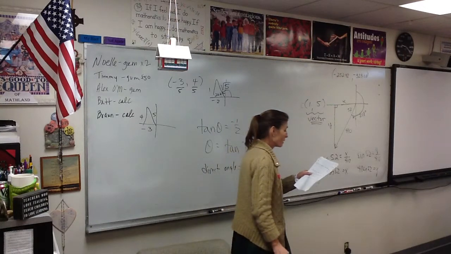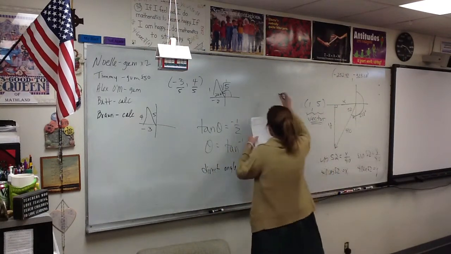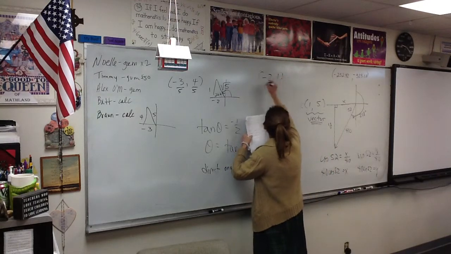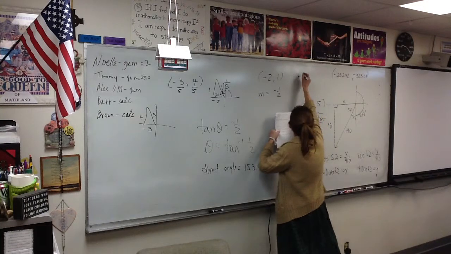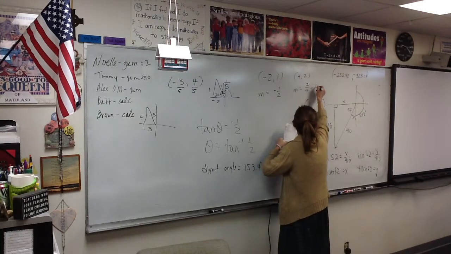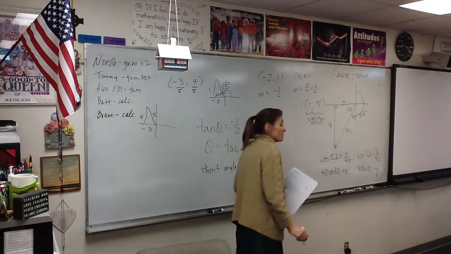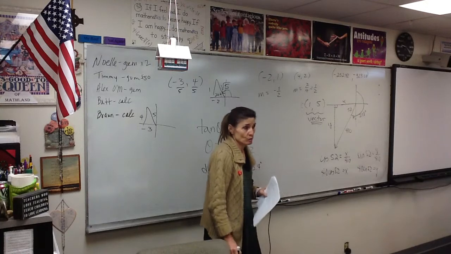Are V and U parallel, perpendicular, or neither? Well, what's the slope of the first one? What's the slope of this guy? Negative 1/2. Good. What's the slope of this guy? Okay, now wait a minute. To be parallel, they have to match exactly. They don't.